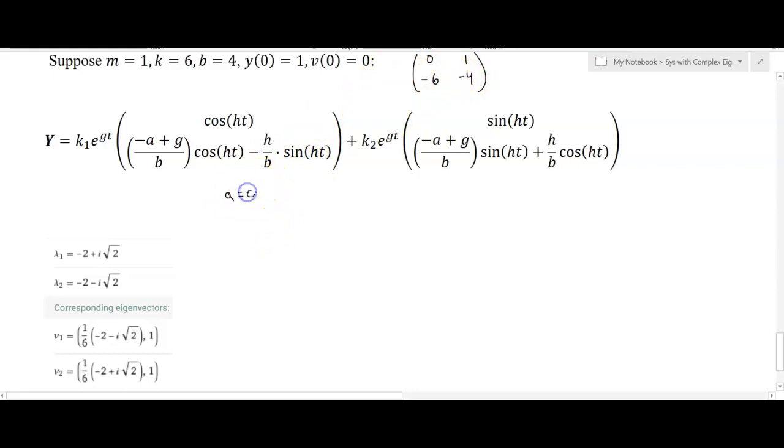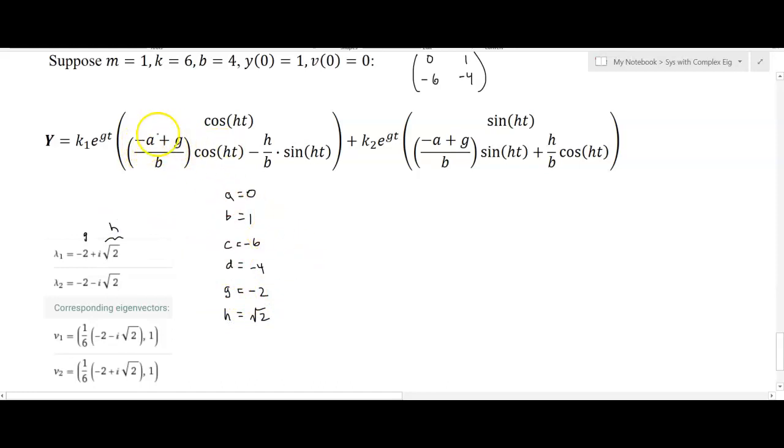So A is 0, B is 1, C is negative 6, D is negative 4. And then for my G plus or minus Hi, I see that G is negative 2, and H is the coefficient of i, which is square root of 2.